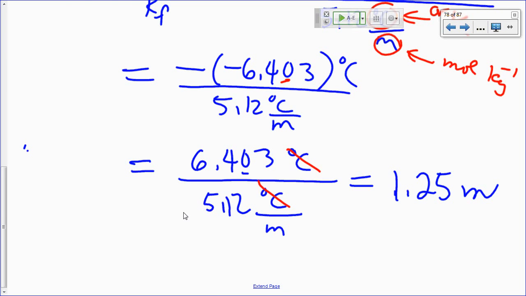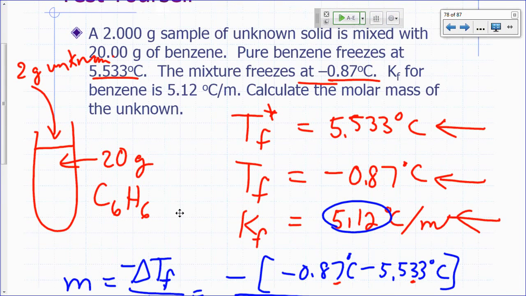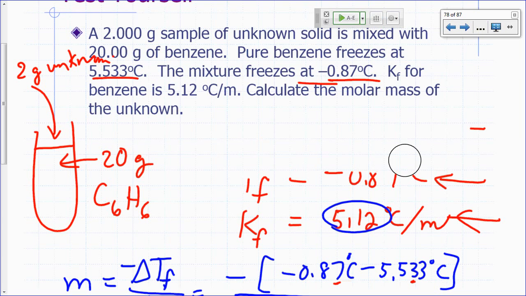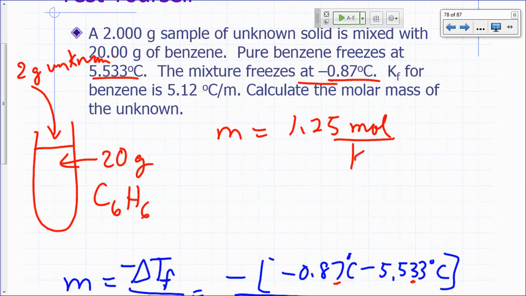Are we done? Not what we're looking for, is it? You need the molar mass, right? So let's see, what do we have so far? Our molality is 1.25 moles of solid particles per kilogram.